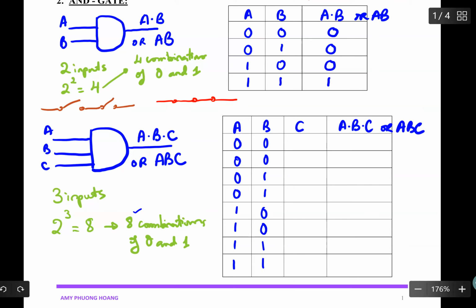The last column, you will alternate the 0 and the 1. So 0, 1, 0, 1, 0, 1, 0, 1. So for this AND gate with 3 inputs, the only time I have 1 is when all 3 signals equal 1. So the last row will have the 1, but the rest of them are all 0.